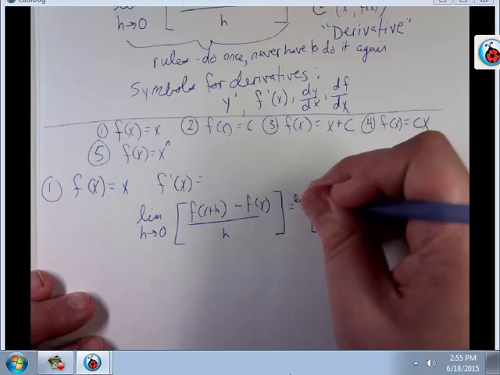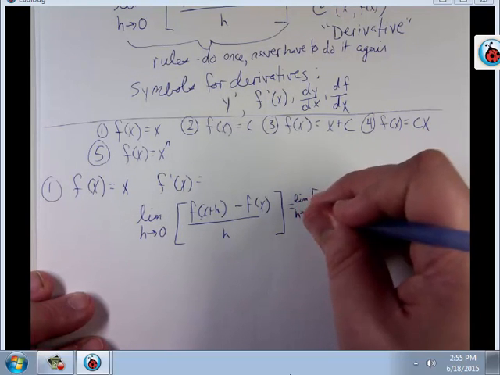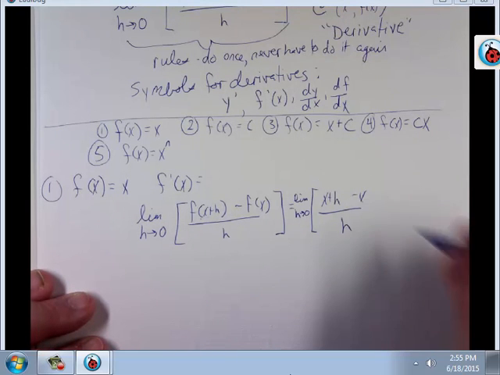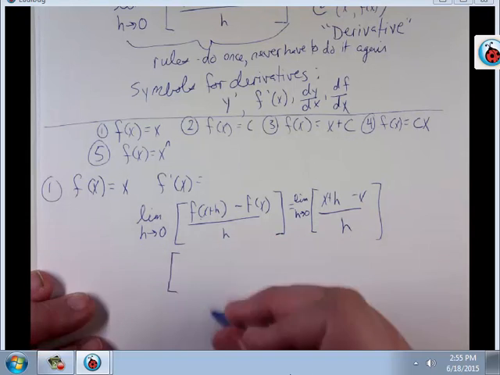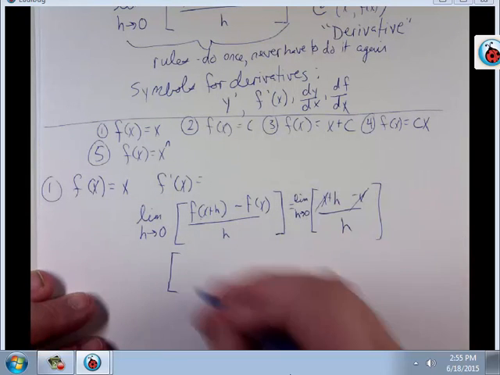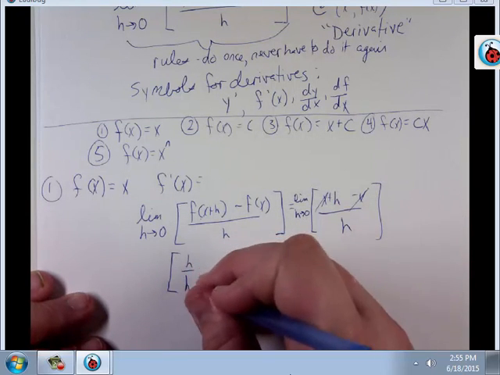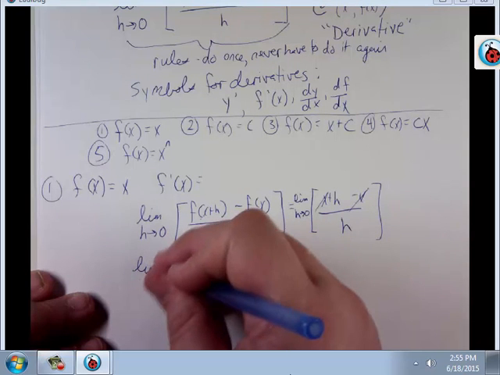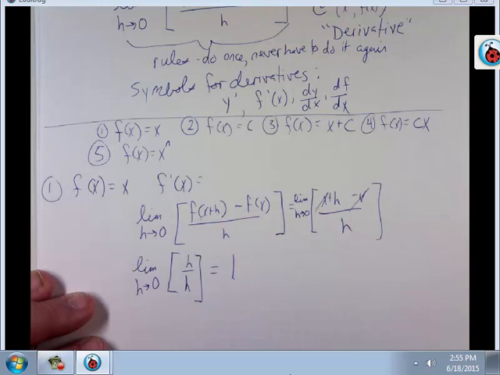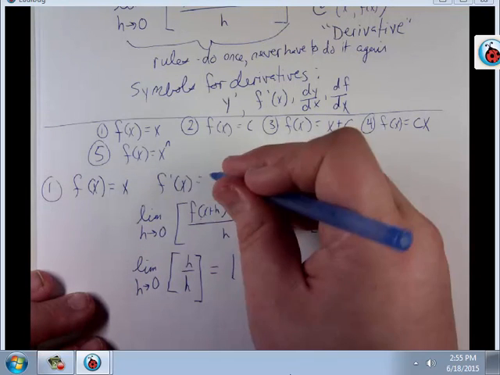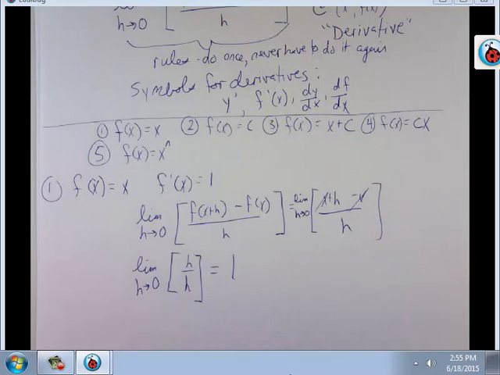And this is still as h goes to 0. What does that give us? Well, these cancel out. I'm left with h over h. And that gives me 1. So f prime of x in this case is just 1. Real easy.